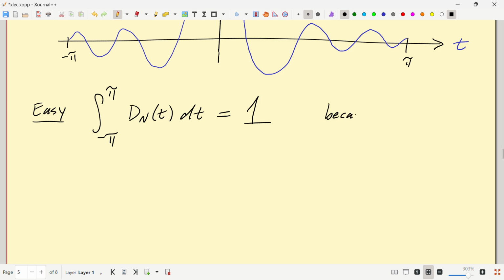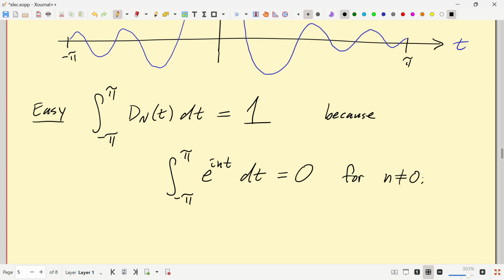Because the integral from minus pi to pi of e to the int dt is a big fat 0, because they're trig functions that are 2 pi periodic, and they have area plus and minus that cancel. So you can just check that. Those are all 0 for n unequal to 0. Okay, that's an important fact.